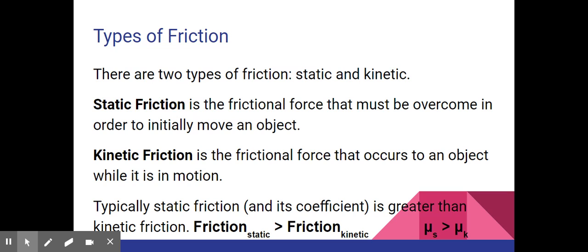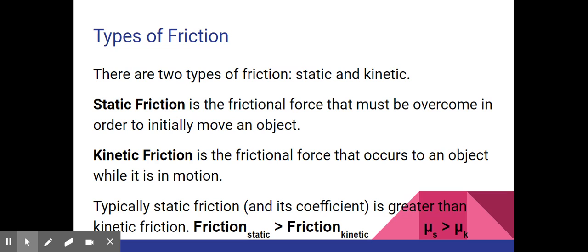Kinetic friction is the frictional force that occurs when an object is in motion. So when I start pushing something, if you notice, maybe push something across your desk or your table. Like I'm trying to push my calculator right now, and there's an initial little stick, and then it just starts moving kind of at a constant rate. So the kinetic friction would be the friction occurring while the object is in motion, while it's moving.